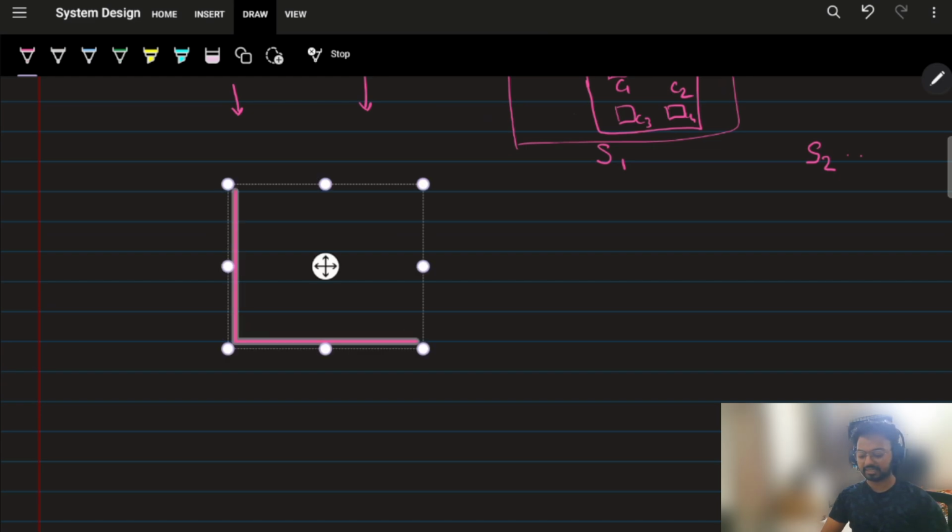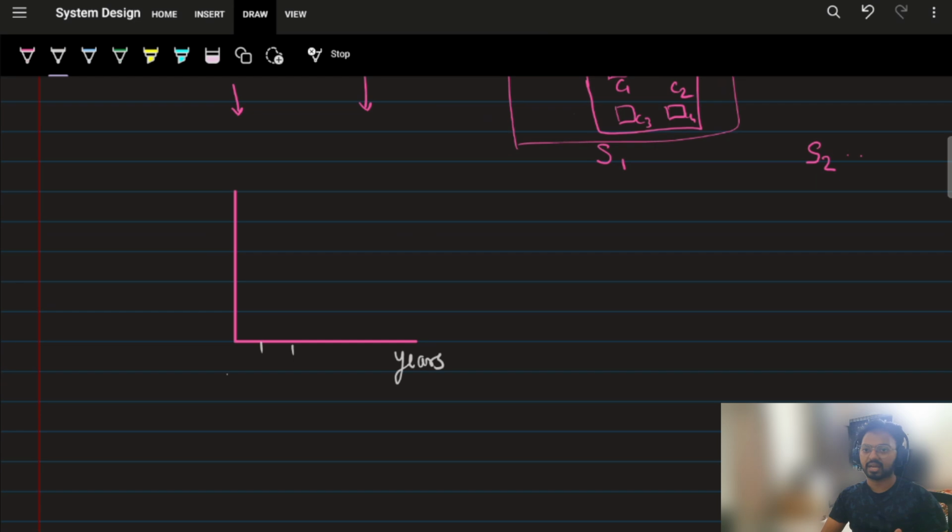He predicted that over the years, roughly every 1.5 years, the number of transistors on the same amount of core size is going to increase.